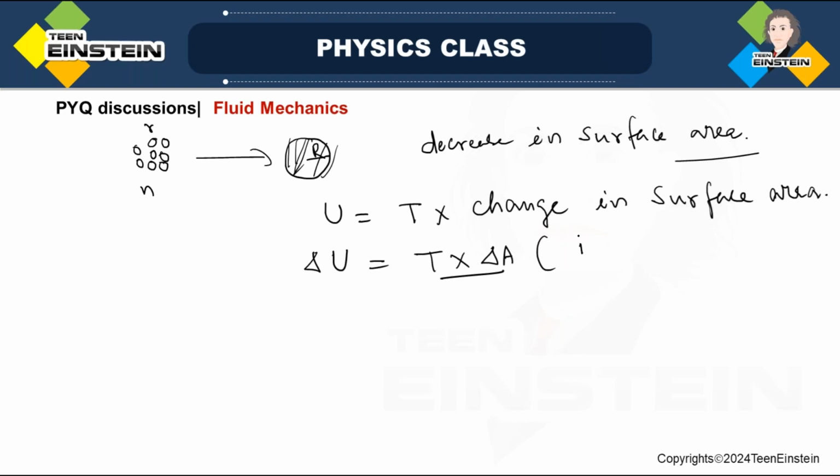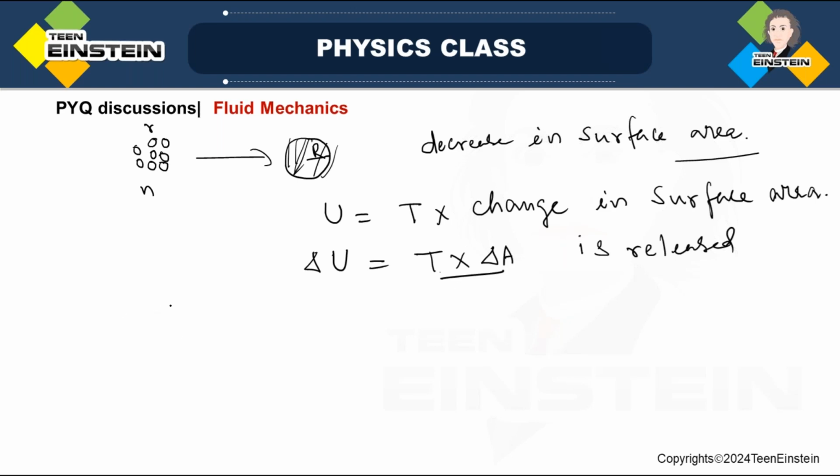Okay, energy is released in this case, because the surface area available over here will not be able to hold the energy which was earlier with all of them. So energy will be released. So this much we have understood. What is the amount of energy that is going to be released? That is T into the change in the area. Now it is easy to solve.